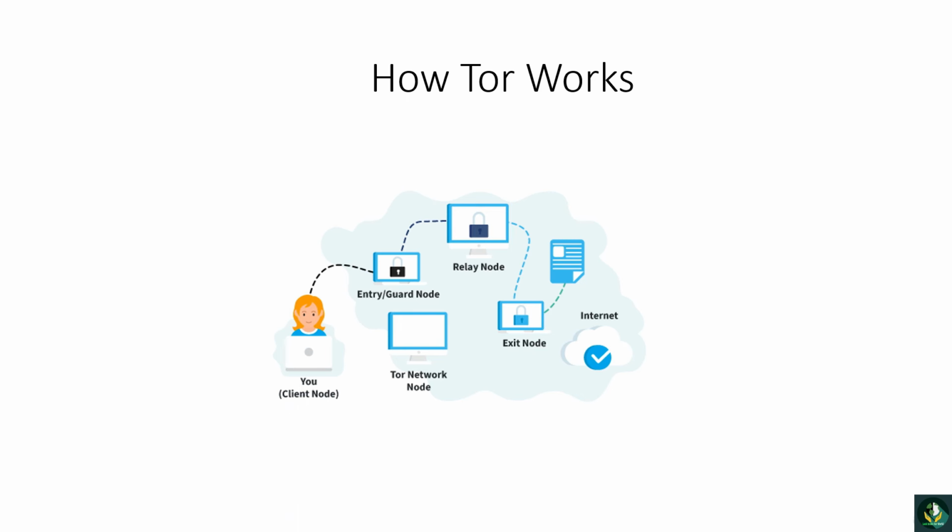This means that whoever is trying to identify you based on your online traffic will just stumble on the last server your data traffic passed through, which is the exit node here. In other words, the Tor browser makes it impossible, or at least very difficult, to identify Tor users surfing the web anonymously.